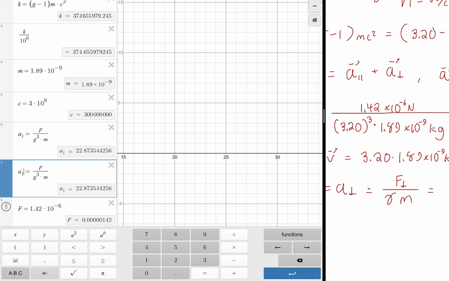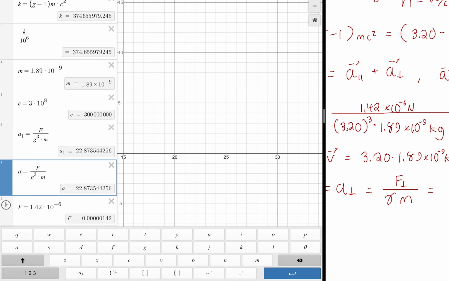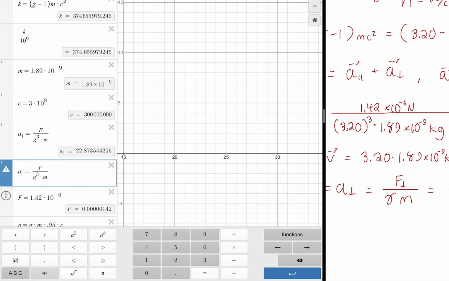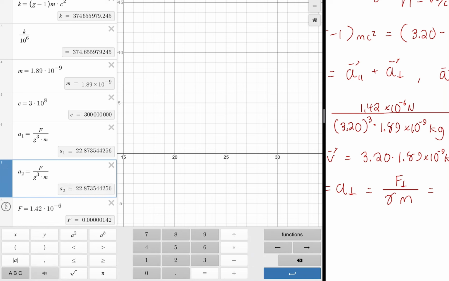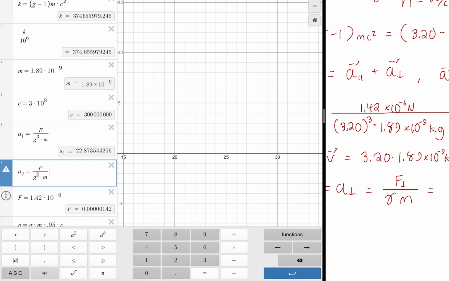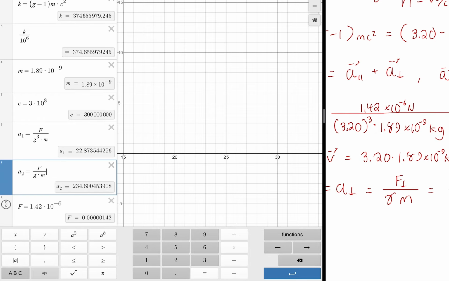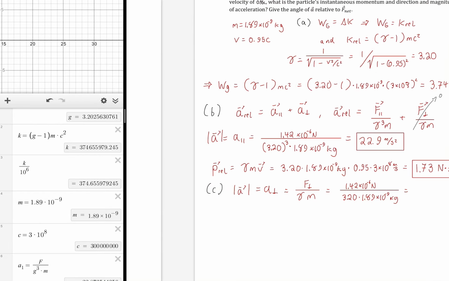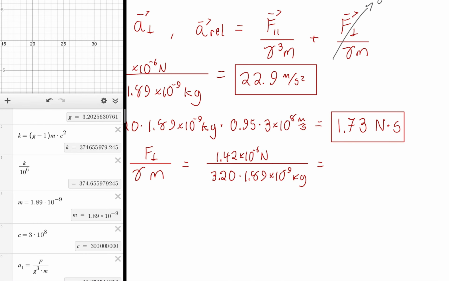Let's go do that one. I need a subscript. There we go. The only difference is I just want to get rid of the cube. Oh, it still has a spot there. There we go, so 234 now. Notice that not cubing gamma, not having a bigger number in the denominator, had a big effect.